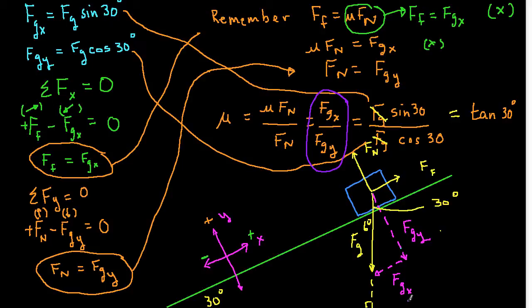This is the side that is opposite our 30-degree angle, and this is a side that is adjacent to our 30-degree angle. So actually what we're looking at is opposite over adjacent, which is equal to the tangent of that angle.